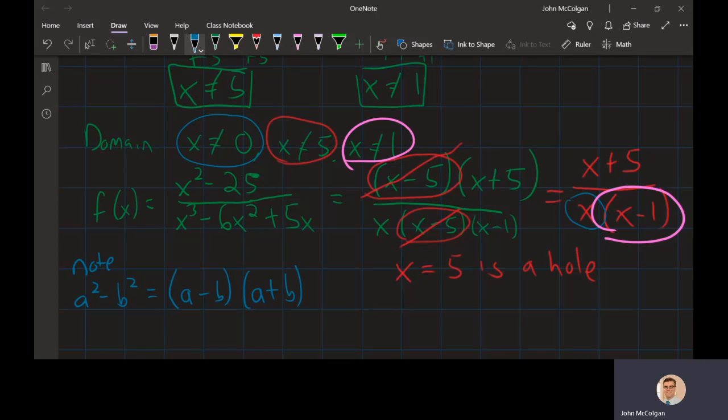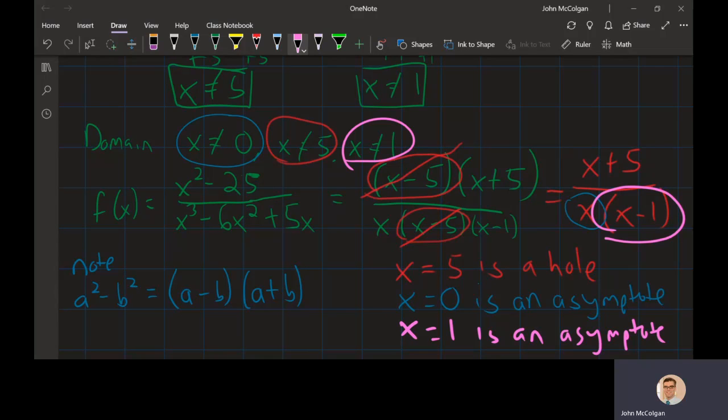They're asymptotes because we can't remove the discontinuities. We can't get them to cancel out. So x equals 0 is an asymptote, and also x equals 1 is an asymptote.